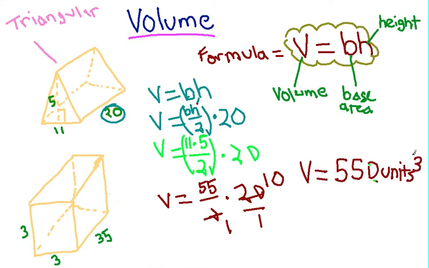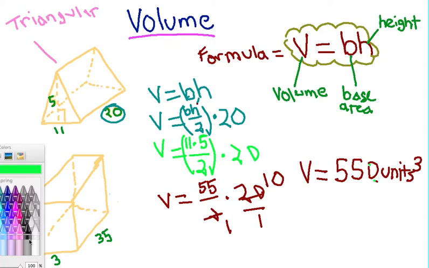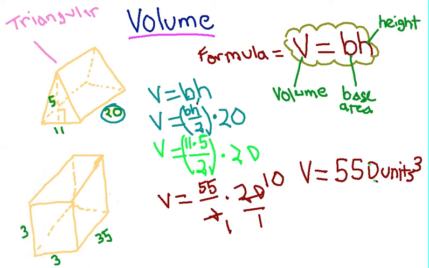It's not squared. Squared is for area and surface area. But for three-dimensional objects, volume, it's cubed, not squared. So now we found the volume of that three-dimensional triangular prism.